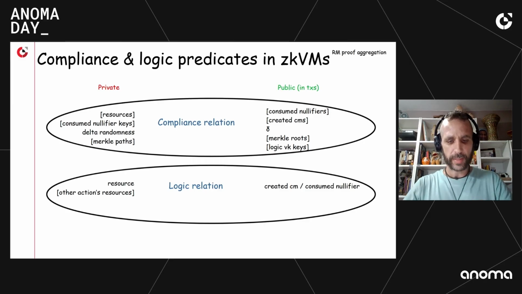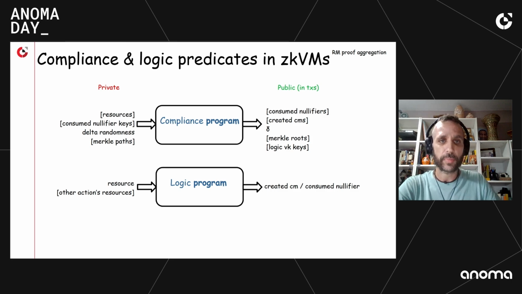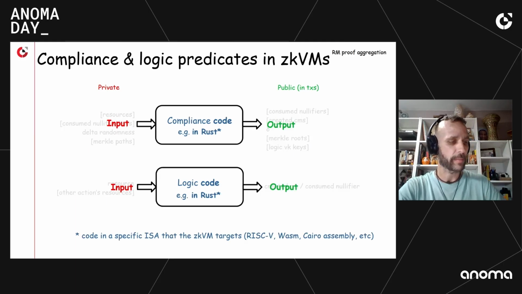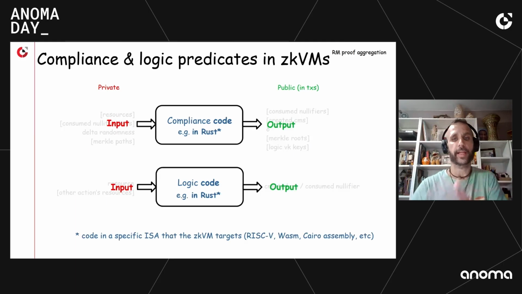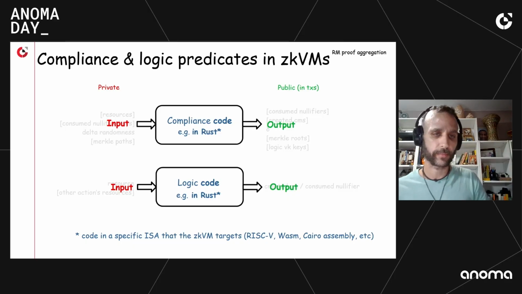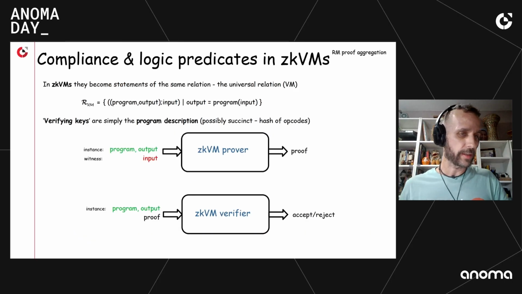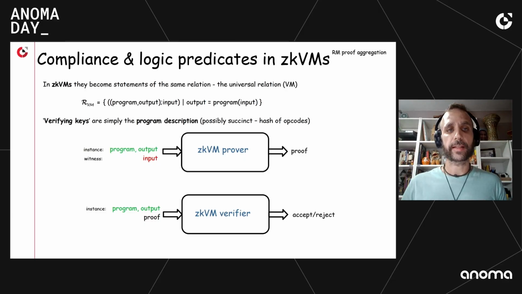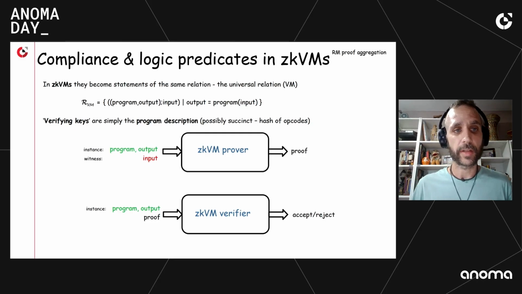And in zkVMs, these constraints or relations are seen as programs where whatever is private is passed as input to the program, and whatever is public is the output of this program. So in the zkVM perspective, what we are saying essentially is that any type of predicates, compliance and logic predicates in our case, are statements for the same relation, which is the universal relation, the zkVM relation.